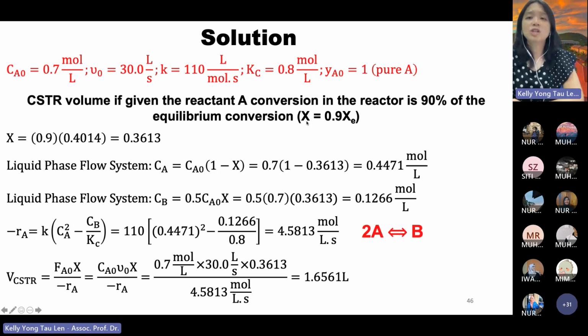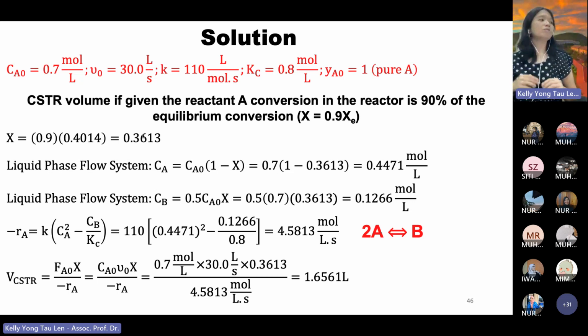Means my reactor conversion X sama dengan 0.9 Xe. So saya dah tahu Xe saya 0.4014. Replace, I will get my reactor conversion saya sekarang 0.3613.